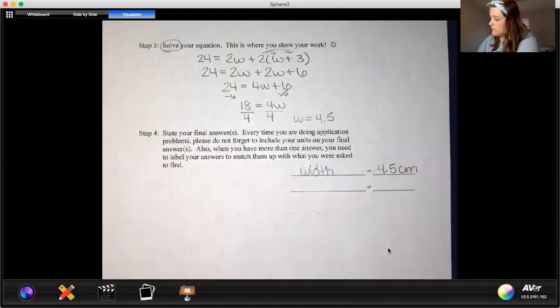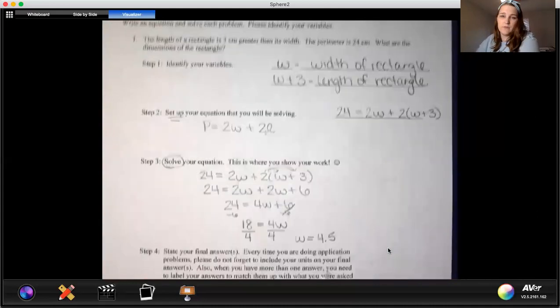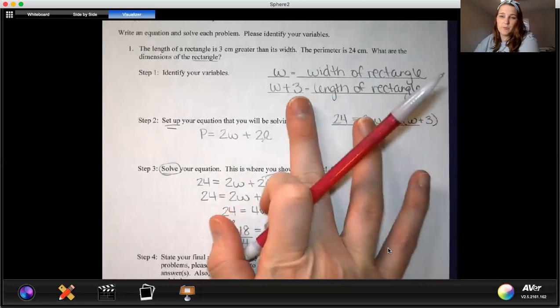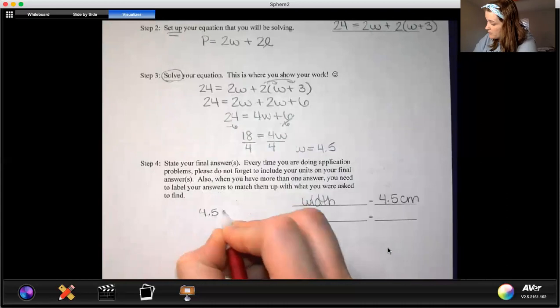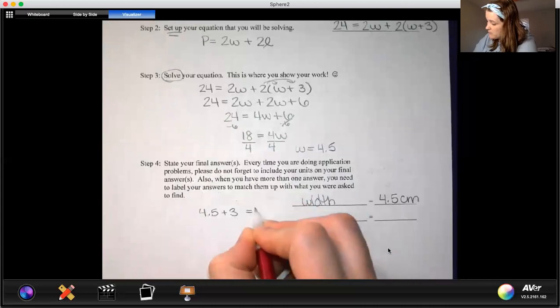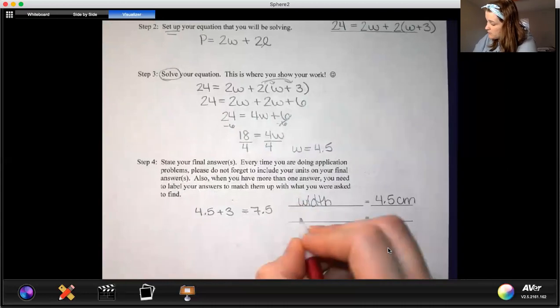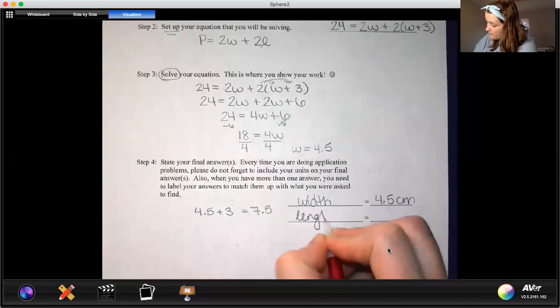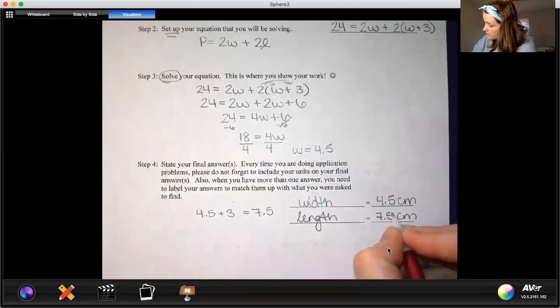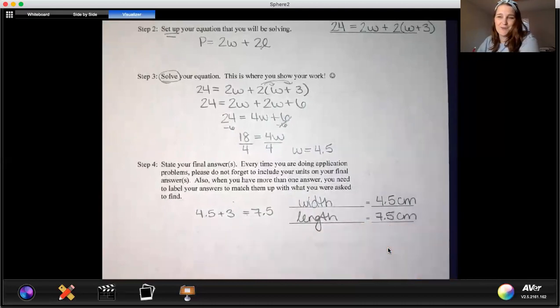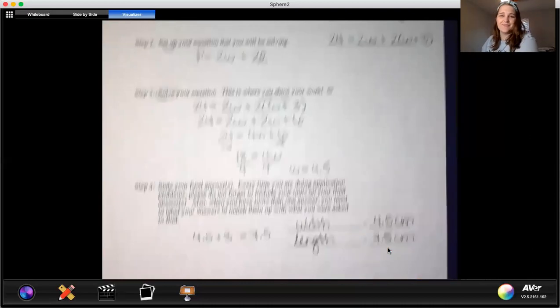Well, we know that the length is the width plus 3. So 4.5 plus 3 equals 7.5. So therefore, the length is 7.5 centimeters. And you're done with number 1, okay?